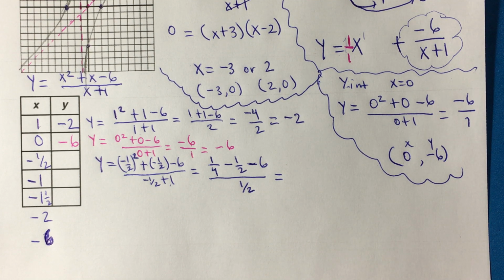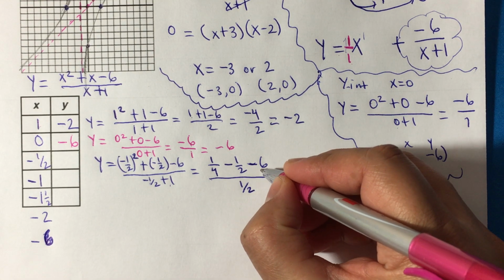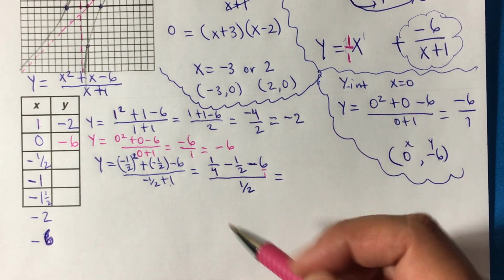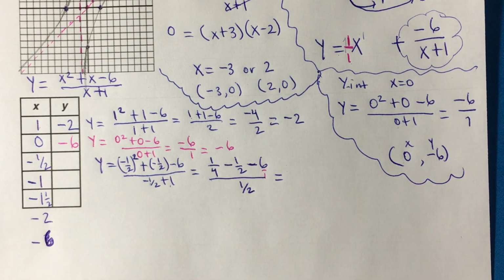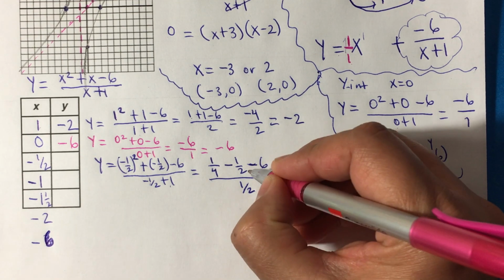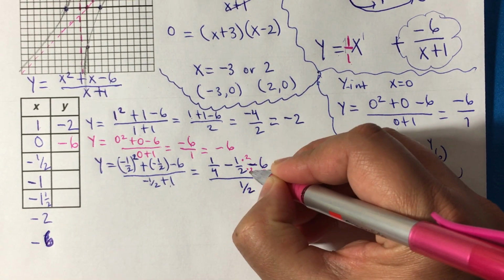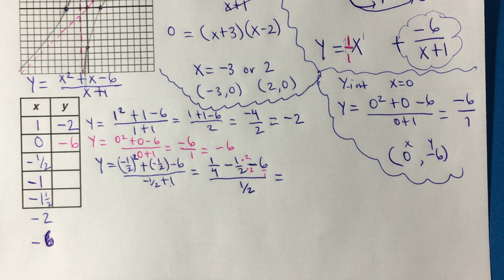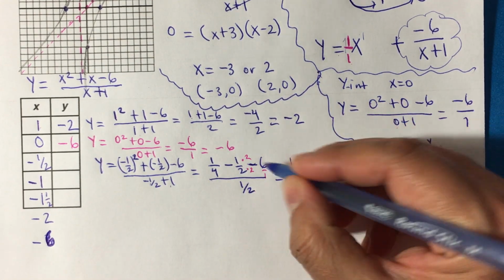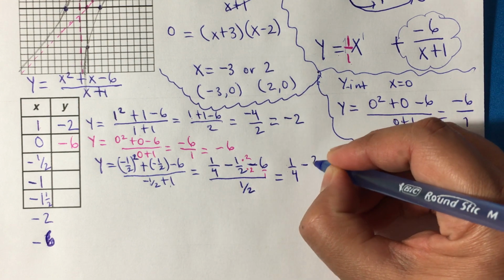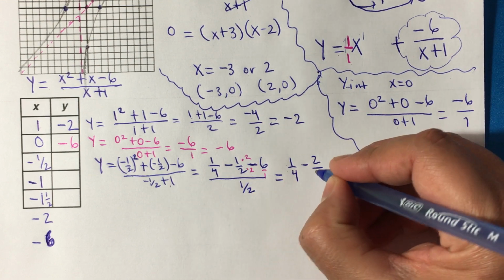So let's see how you would do that in here. So what we can do is make all of them into fourths. Just the numerator, because in division you don't really need to have a common denominator, only subtractions and addition. And so in here you will multiply by 2, because 2 times 2 will make it into fourths. So you have the 1/4 in there, minus 2 times 1 is 2, and 2 times 2 is 4.